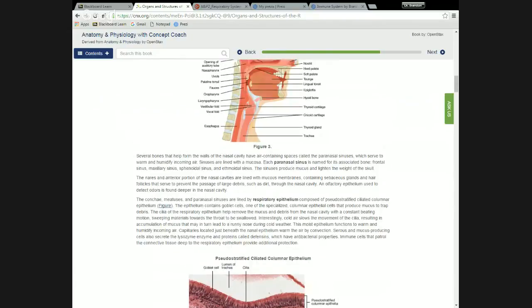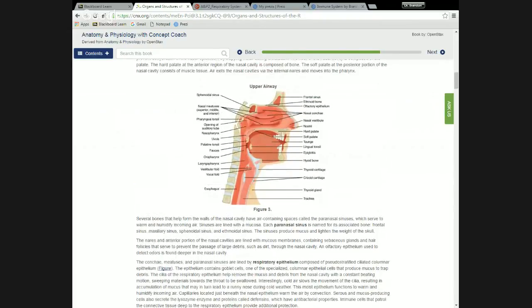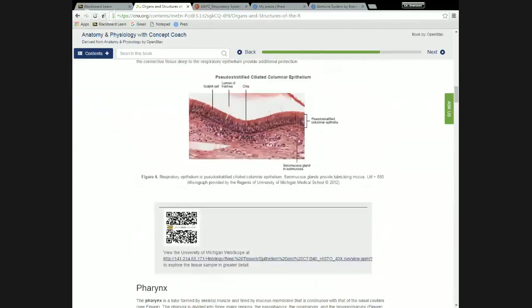The upper respiratory tract is everything in the head and neck. It stays open because of bony structures like the skull and the vertebral column that keep the pharynx open. But the lower respiratory tract is everything that stays open because of cartilage. And so that's the larynx and trachea and bronchi, down to the bronchioles and all that deep in the lungs.